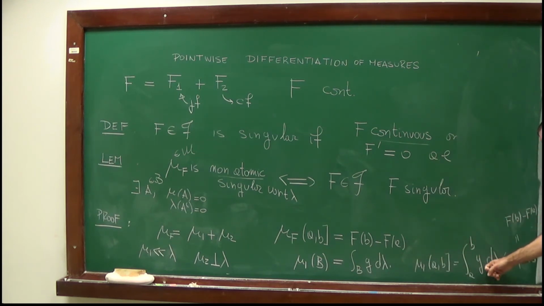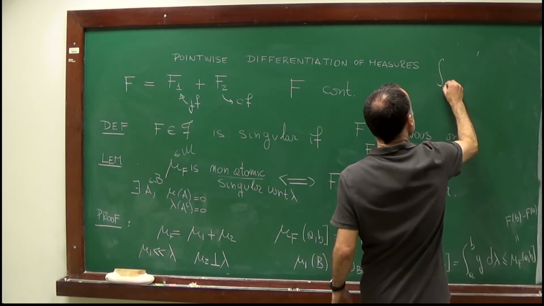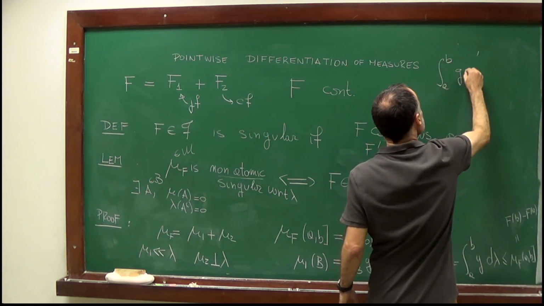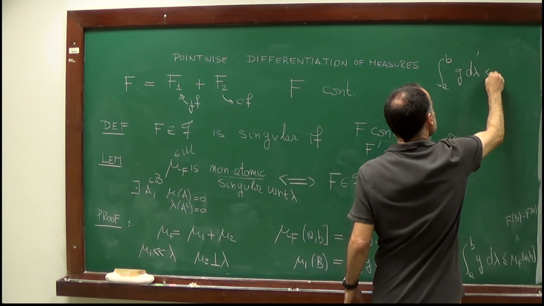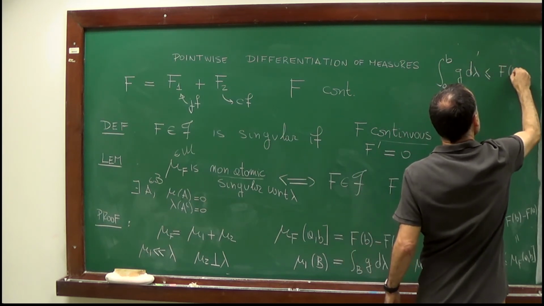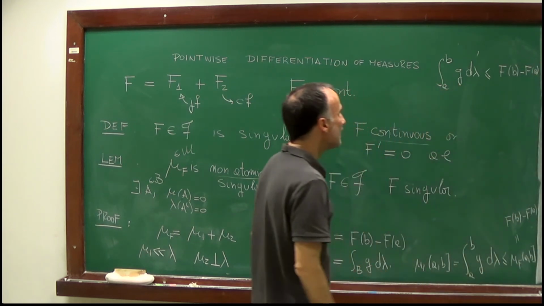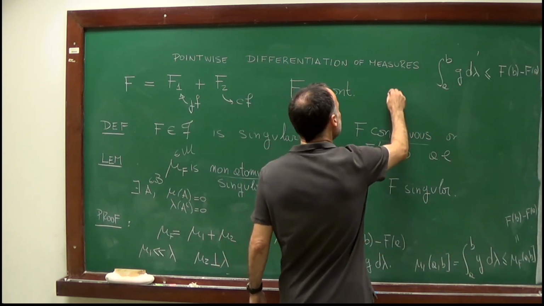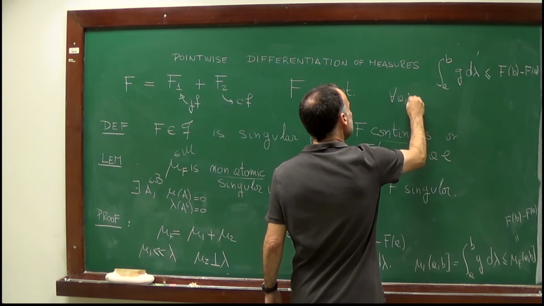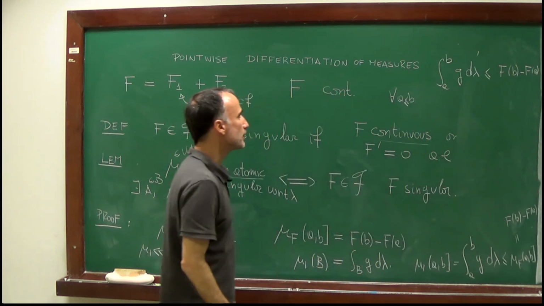So this integral is bounded by that one: the integral over ab of g d lambda is less or equal than f(b) minus f(a). And this holds for all a less or equal than b.